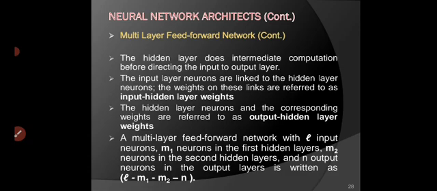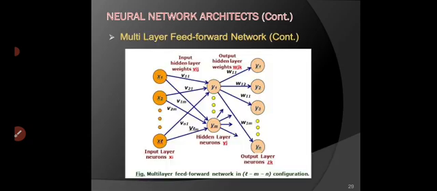The hidden layer neurons and the corresponding weights to the output are referred to as output hidden layer weights. A multi-layer feed-forward network with I input neurons, M1 neurons in the first hidden layer, M2 neurons in the second hidden layer, and N neurons in the output layer is written as I-M1-M2-N.